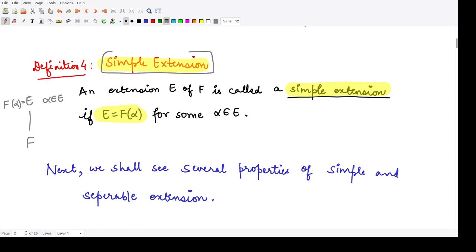Simple extension means you are just adjoining one element to the given field.